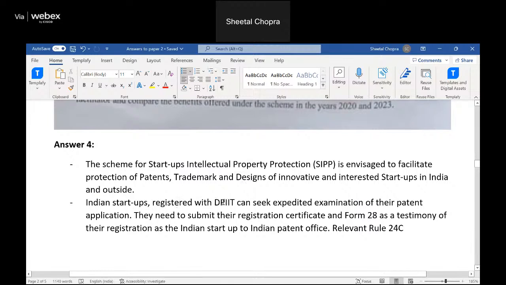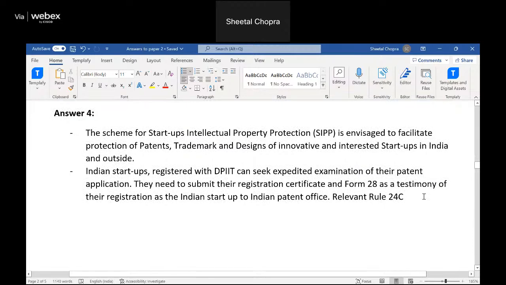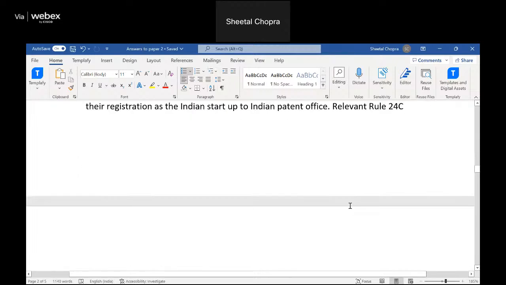Then Indian startups which are registered with DPIIT can also seek expedited examination in Form 28, and Rule 24C can then be referred. So broadly, the SIP scheme is a facilitation scheme in which several patent facilitators are hired to support such filings by Indian startups in India and abroad.